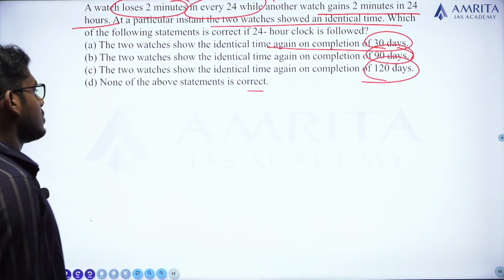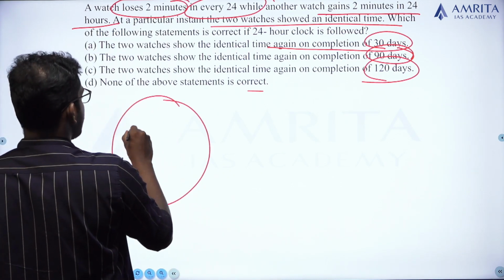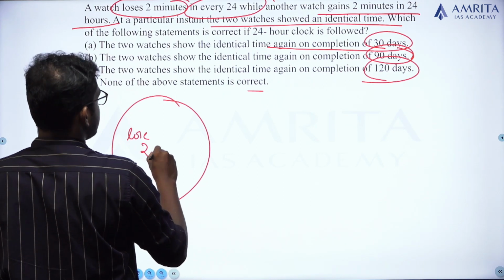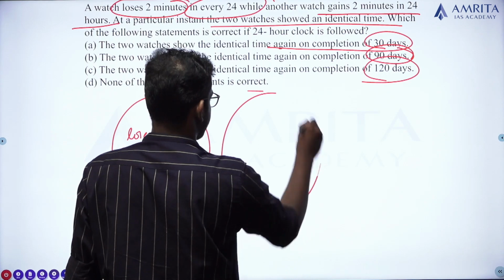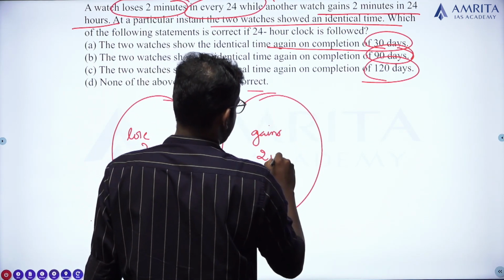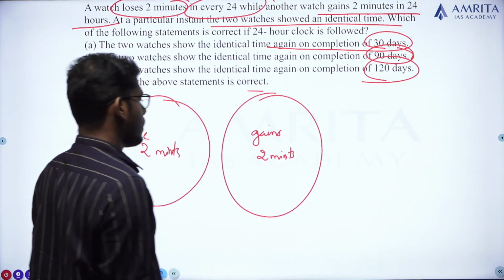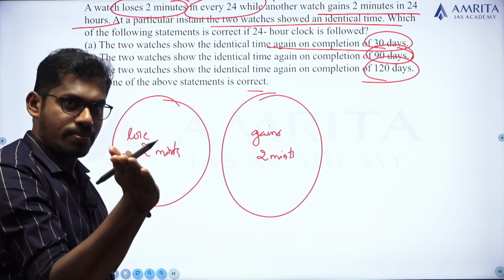Okay. So one clock loses 2 minutes. Another clock gains 2 minutes. Clear? So one clock lost 2 minutes, the other clock gains 2 minutes.